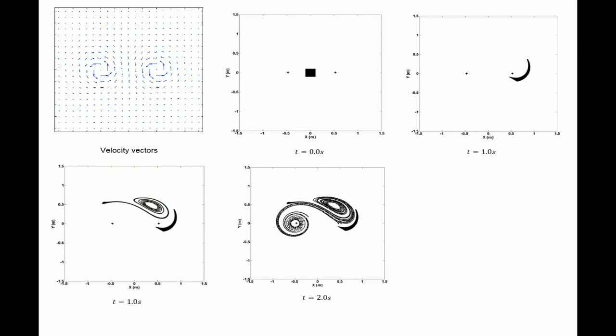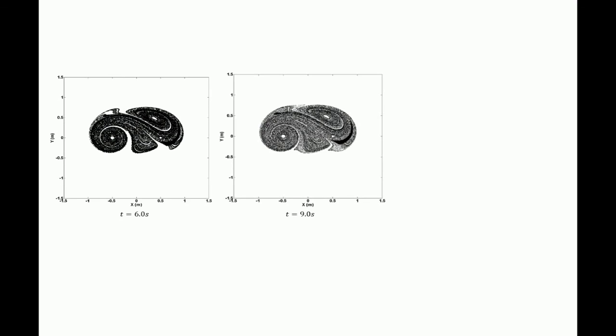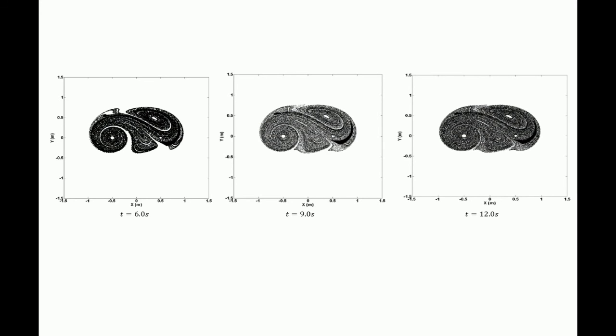Now time is 3, and you can see chaotic motion has started. Time 4, 5, 6, and 9. And finally, the particles completely become homogenized at time 12.